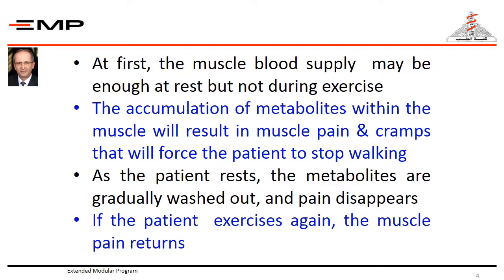However, with exercise, accumulation of metabolites within the muscles will result in muscle pain and cramps that will force the patient to stop walking. As the patient rests, the metabolites are gradually washed out and pain disappears. If the patient exercises again, the muscle pain will return.